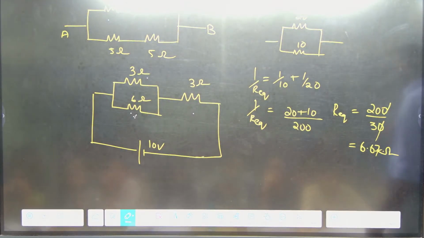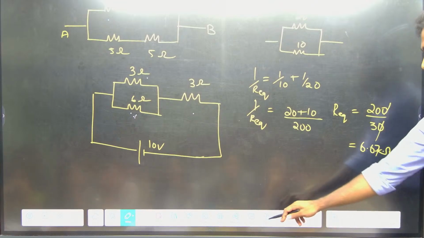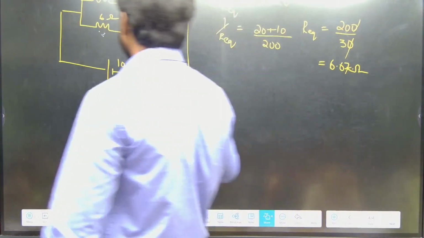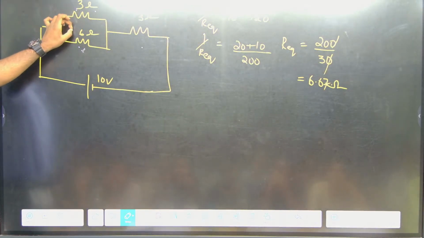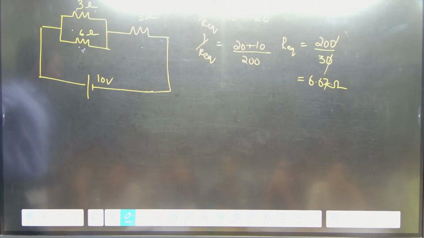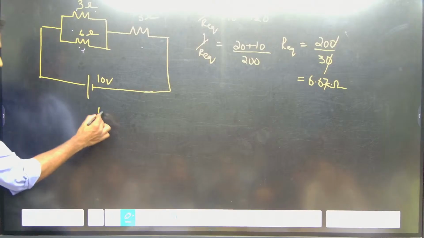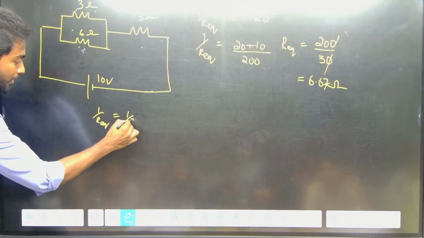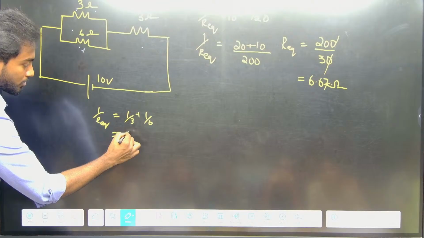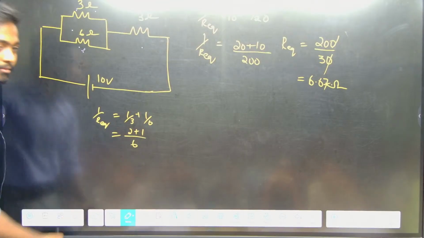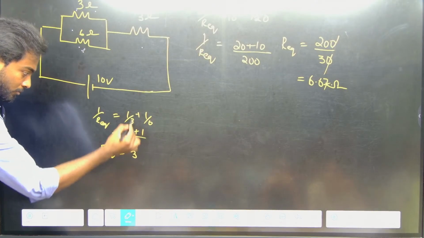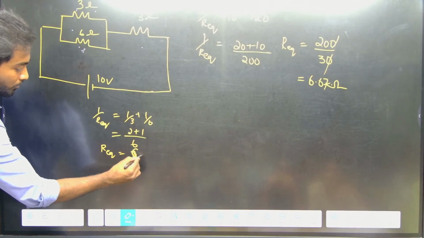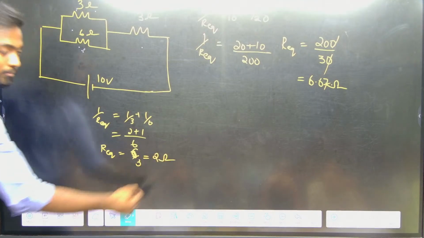Okay, listen, I will do this one. This is my question now. This one can be taken as a parallel combination, which means 1 by 3 plus 1 by 6. So 1 by R equivalent equals 1 by 3 plus 1 by 6, which is 2 plus 1 by 6. So R equivalent will be 6 by 3, which equals 2 ohms.